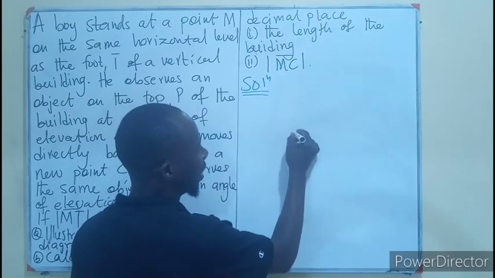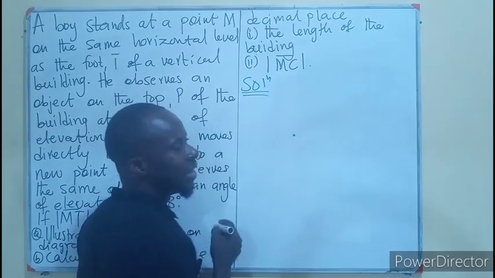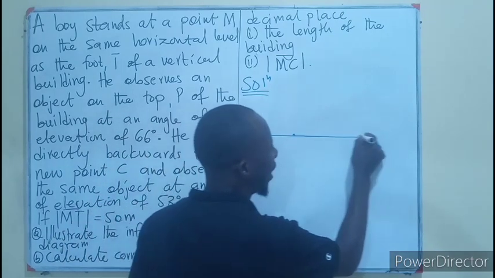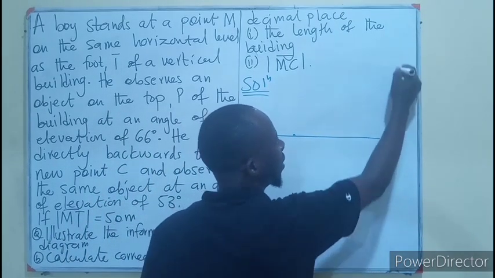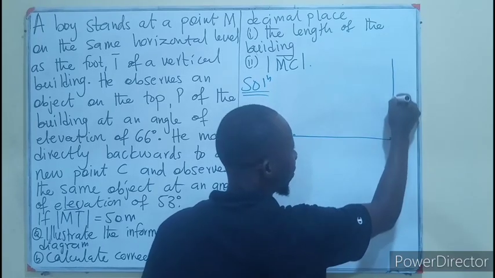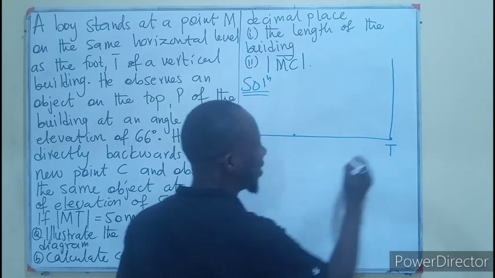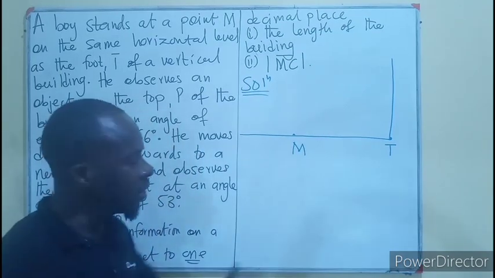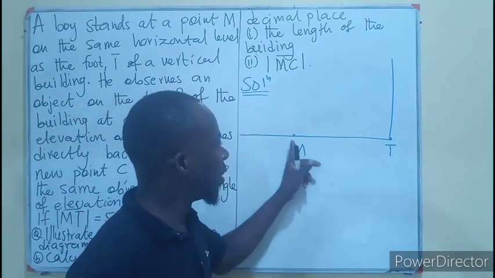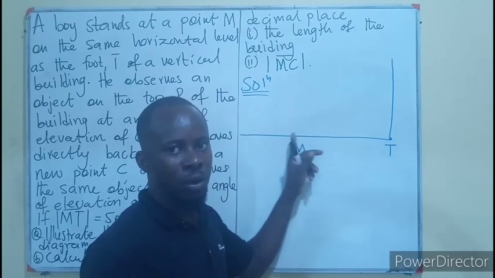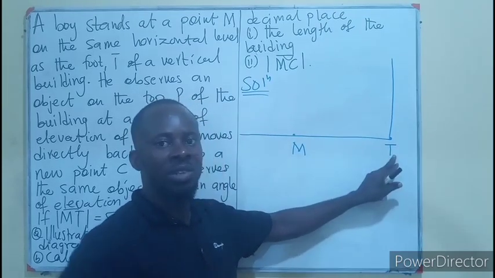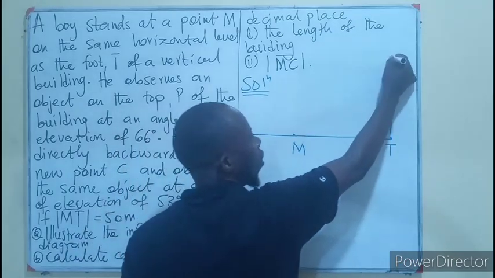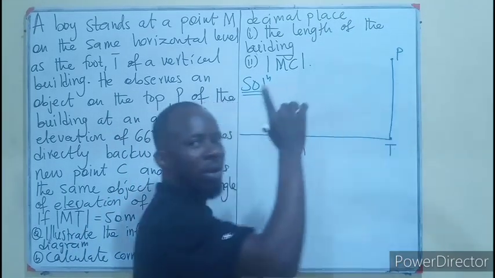The boy is standing on the same horizontal level with a building which is vertical. The building is at T. The boy is at M. He is trying to see an object P at the top of the building.